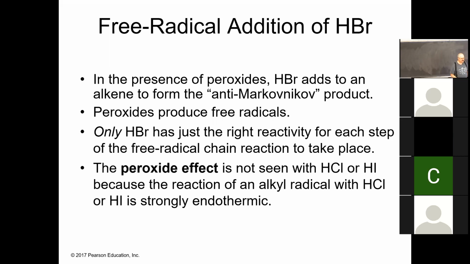The peroxide effect is not seen with HCl or HI. So if you have HCl or HI with peroxides, the peroxides don't make any difference. You're still going to get the Markovnikov product. The reaction of the alkyl radical with HCl or HI, it turns out, is strongly endothermic.